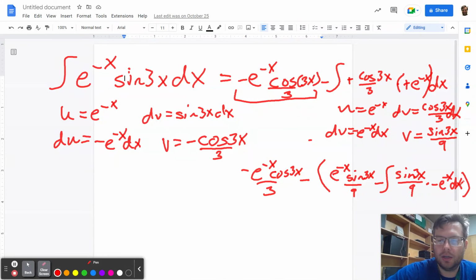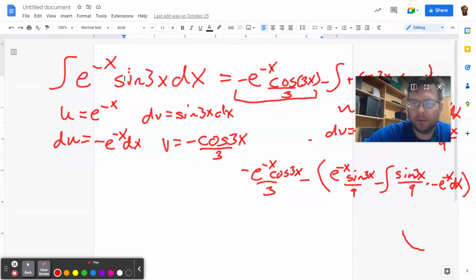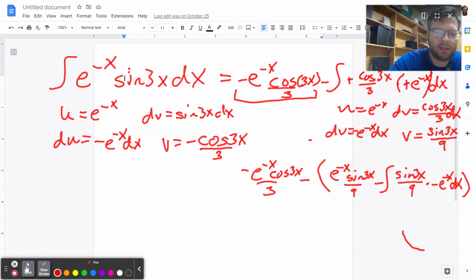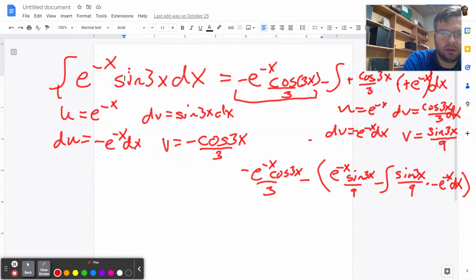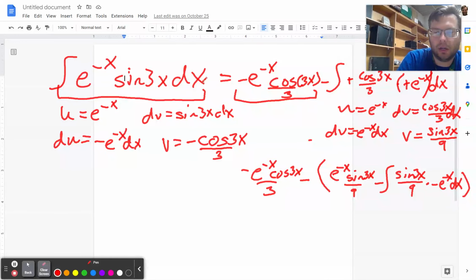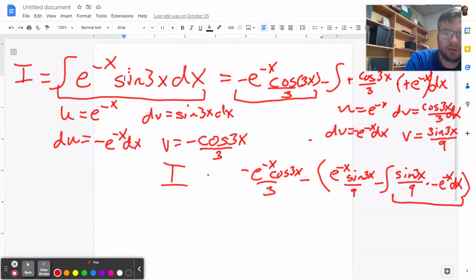So now what I recognize is that the original integrand is showing up again. This original integrand here is almost replicated here. So I'm going to call the original integrand I for integral. So I is equal to all of this. Let's distribute it out and see what we can say.